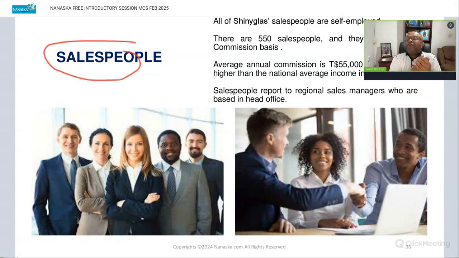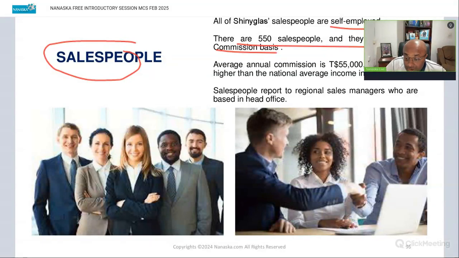That means we have 550 salespeople, but they're not employees of our company. We pay them a commission, and they are self-employed. You go and find a business for us, we'll pay you a commission. So our sales team is entirely outsourced.